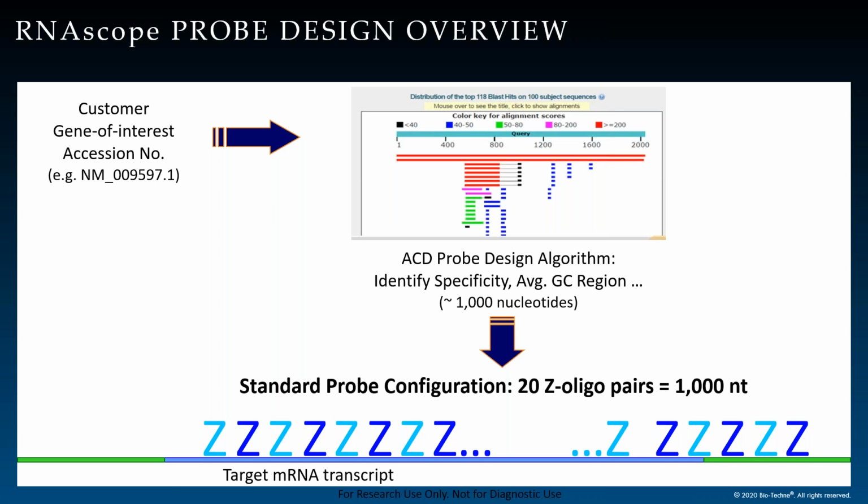Our bioinformatics scientists channel this information through the proprietary ACD alignment algorithm to select optimal sequences to ensure target specificity and uniformity of oligo hybridization in the assay. Our algorithm evaluates the sequence composition of each oligo in the pool to ensure no cross-hybridization with non-target RNA under stringent RNA conditions.